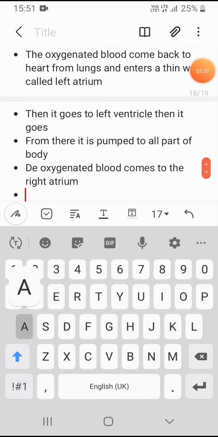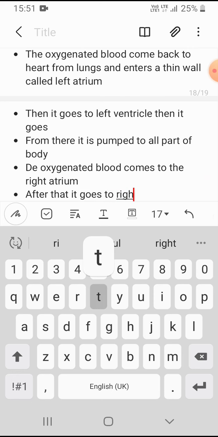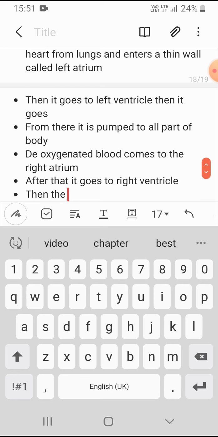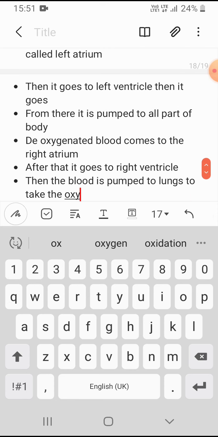After that it goes to the right ventricle, and then the blood is pumped to the lungs to take up oxygen again. If there is some oxygen, it will take it and send it back again to the heart.